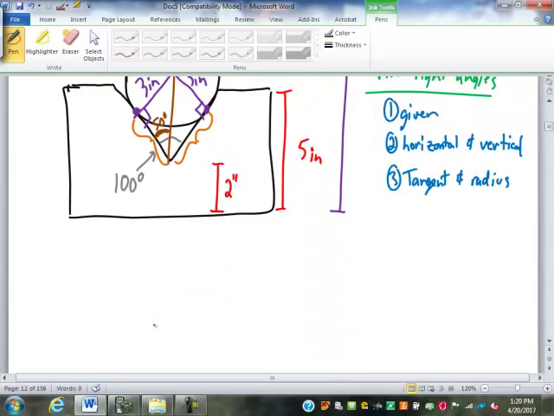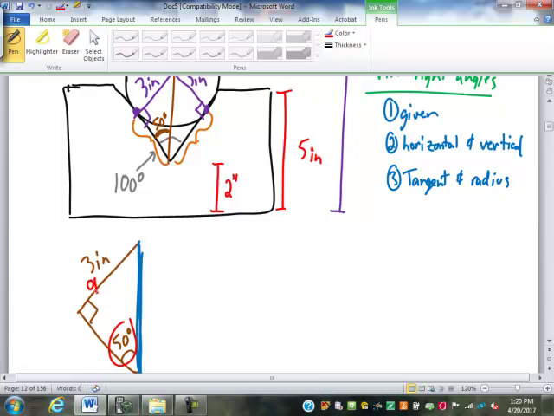So what I'm looking at here is this triangle. This is 50 degrees. This is 3 inches. I want to find this side here. So I'm committing to that 50-degree angle because that's the one I have. I know the 3-inch side. What side of the triangle is that?